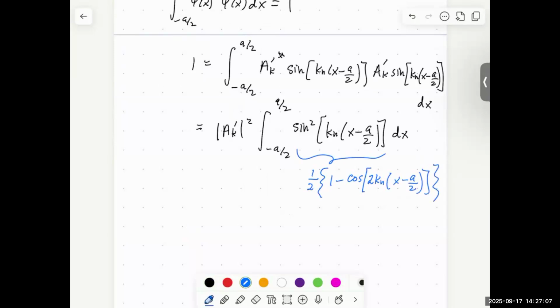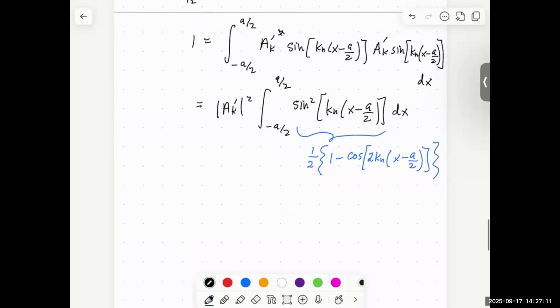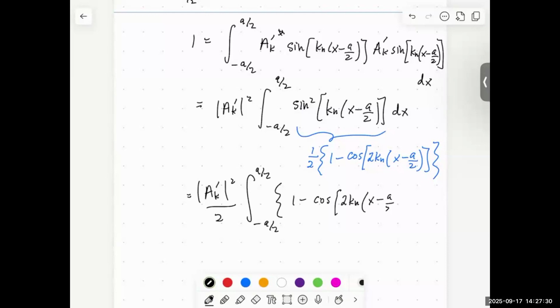I'm going to make that replacement, and we get A_k prime squared divided by 2, integral from minus a/2 to plus a/2 of 1 minus cos 2k_n (x minus a/2). All right.